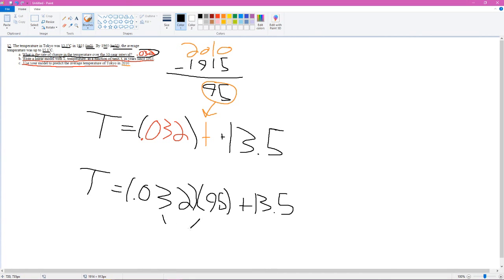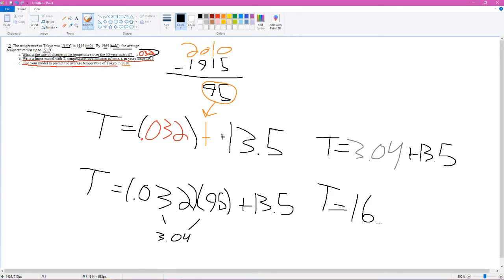So then T equals 3.04 plus 13.5. And if we add this together, T equals 16.54, and that's the answer to the final question. And that's it.